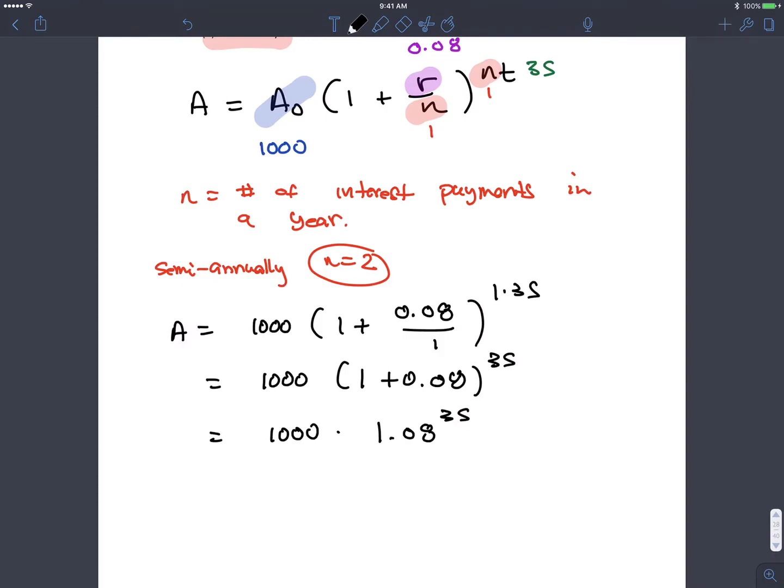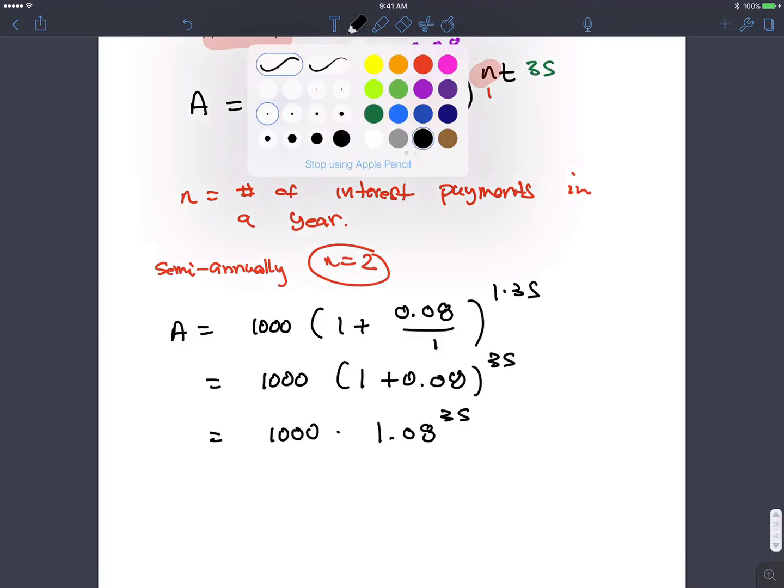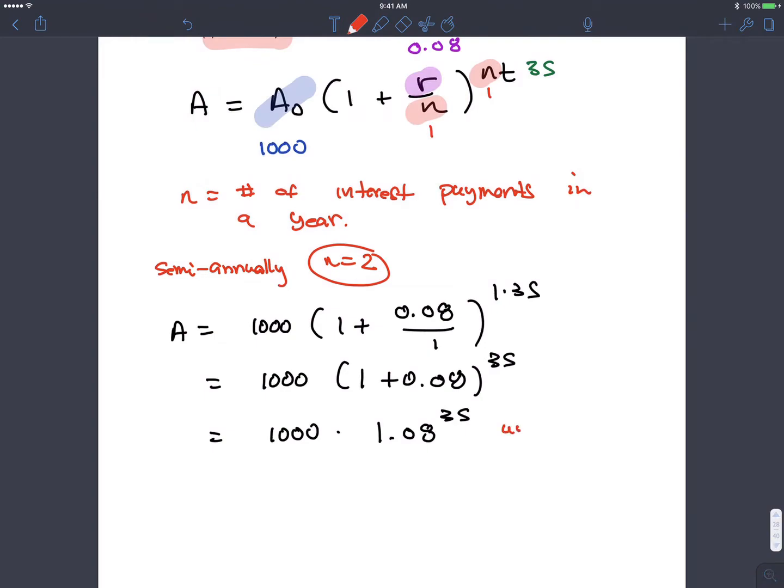And at this portion here, what we're going to have to do is use a calculator. So you guys are going to use a calculator on your homework, and you're going to use order of operations. Let's remember, please excuse my dear Aunt Sally, to actually perform the exponential before you multiply by 1,000.